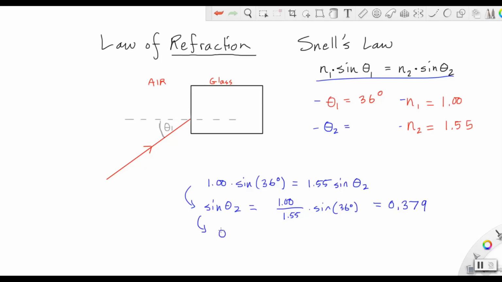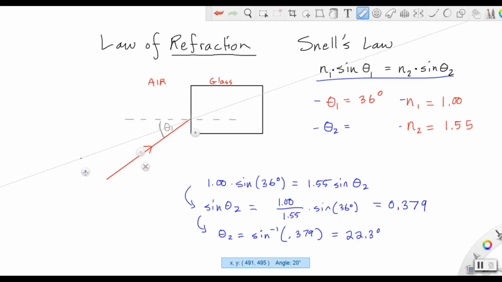Remember, in order to solve this, we have to take the arc sine of both sides. So theta 2 will be equal to 22.3 degrees. I don't have decimals on my ruler here, but we can estimate that at 22 right there. So that puts us at an angle of roughly 22 degrees.